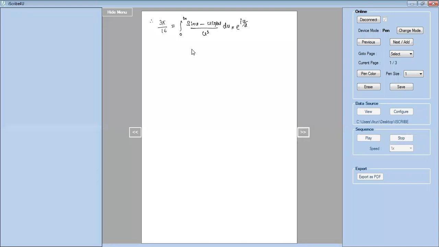Correct. Now further, this implies the integral from 0 to infinity. Let us take minus common here: minus (u cos u minus sin u) divided by u cubed into e^(i·u/2). It looks like e^(iθ), and you know e^(iθ) is cos θ plus i sin θ. So cos θ means cos(u/2) plus i sin(u/2) du is equal to the right hand side, 3 pi by 16.